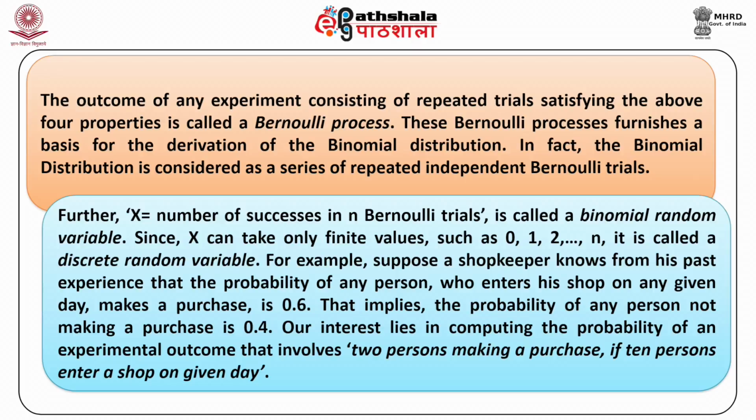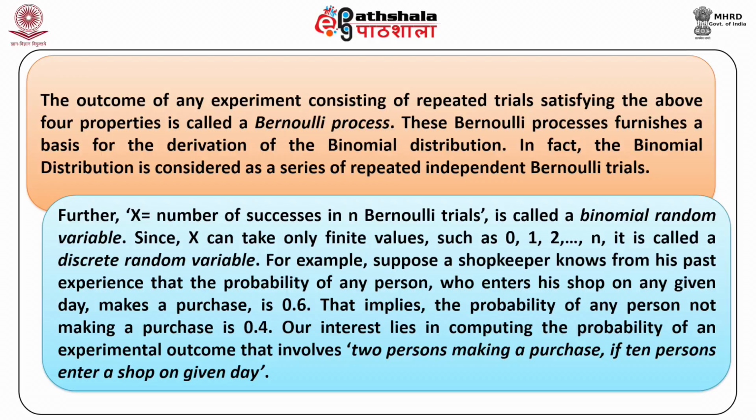These Bernoulli processes furnish a basis for the derivation of the binomial distribution. In fact, the binomial distribution is considered as a series of repeated independent Bernoulli trials. I am sure you can make it out clearly.